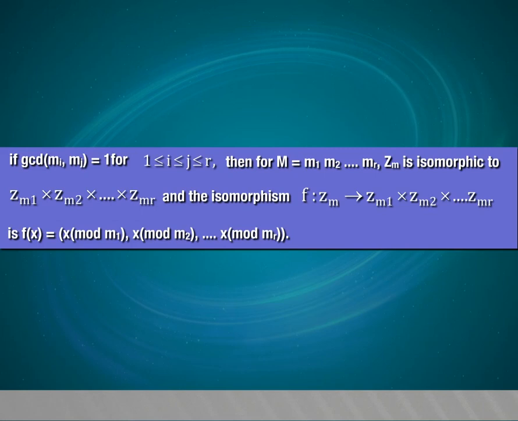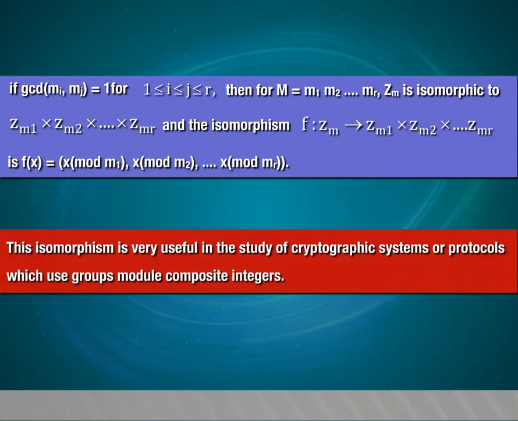The isomorphism f from Zm to Zm1 times Zm2 and so on up to Zmr is f of x equal to (x mod m1, x mod m2, up to x mod mr). This isomorphism is very useful in the study of cryptographic systems or protocols which use groups modulo composite integers.